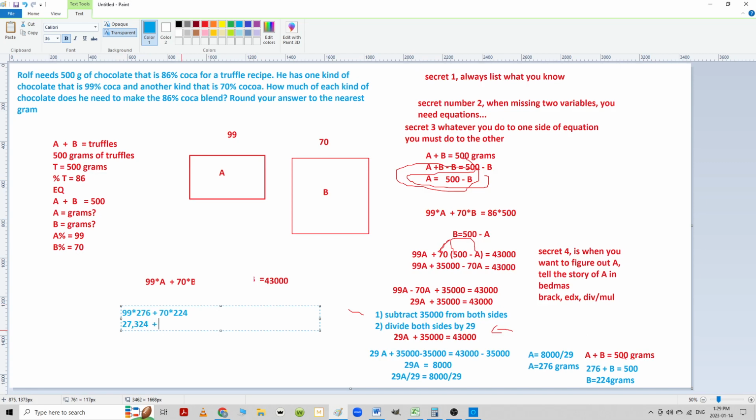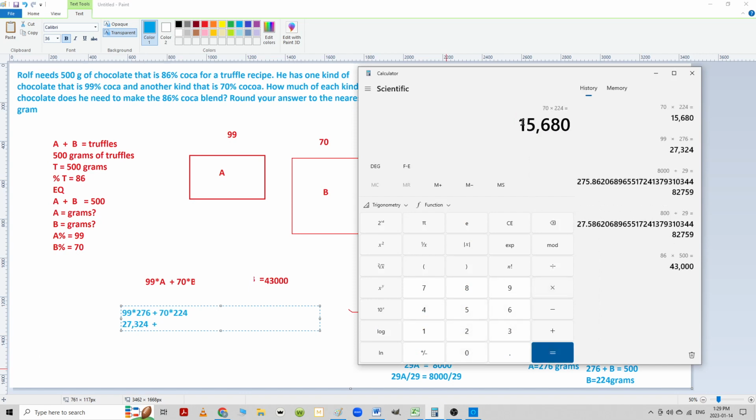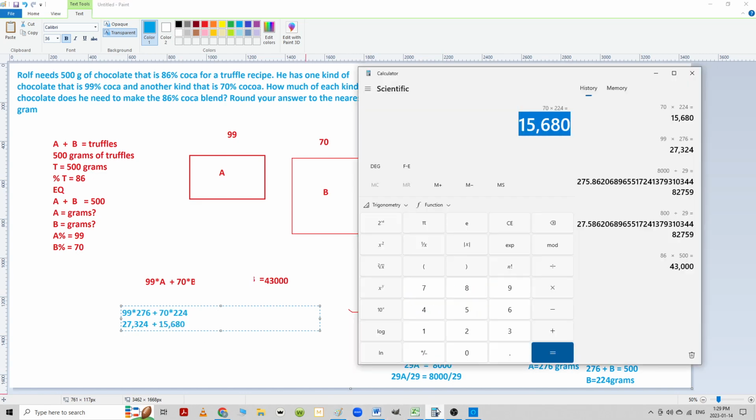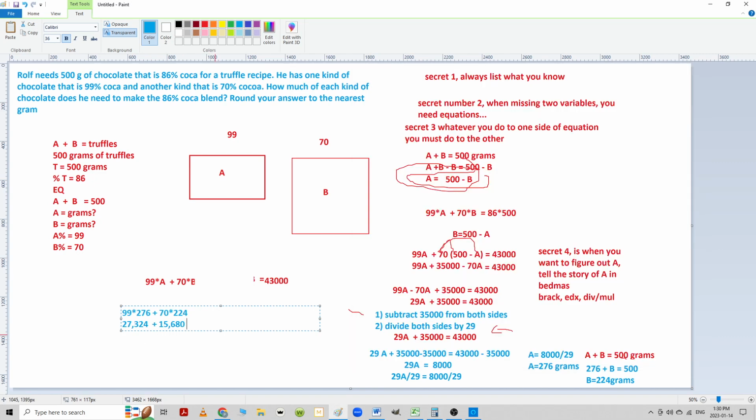And when I get 70 times 224, I get this. And I just have to see what they add up to. Now there will be a small error because there was rounding. When we rounded it up, we changed the results a little bit. Does it come close to the right side? Yes. This adds up to this.